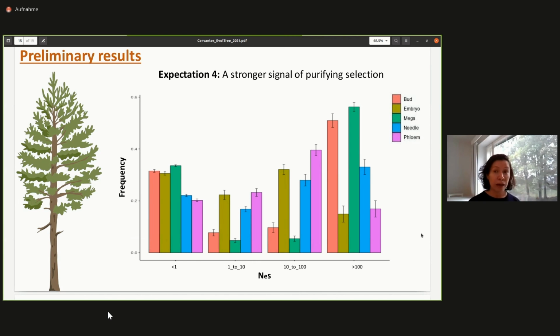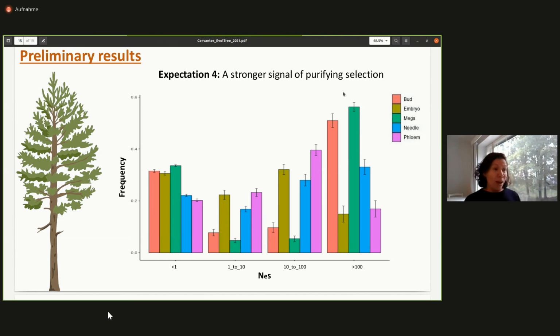The effect of these mutations on fitness is given by the product of the effective population size by the strength of selection. What this means in practical terms is that having higher frequencies in the last category is indicative of the efficacy of purifying selection. So what we have here is that the megagametophyte, the haploid tissue, has a more efficient purifying selection. So this expectation was good. We were able to get this one right.